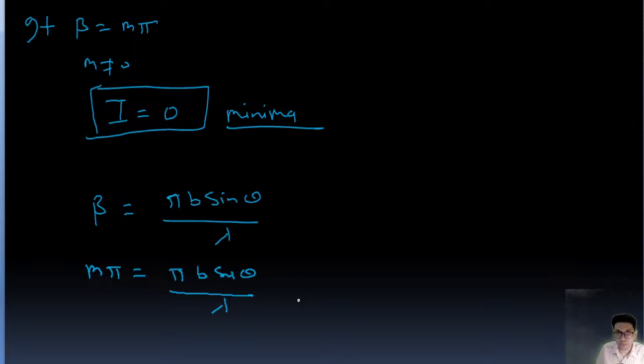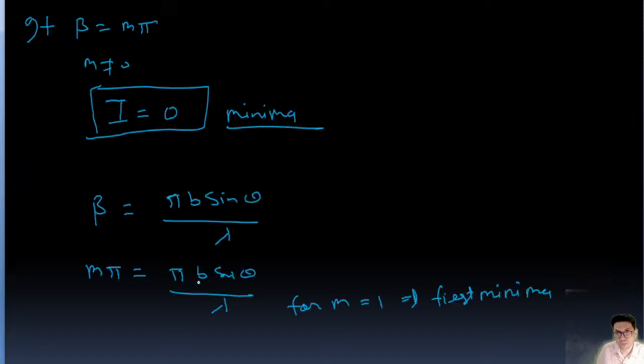now pi will get cancelled. For m equal to 1, that is first minima, right? For m equal to 1, sine theta is going to be lambda by b.